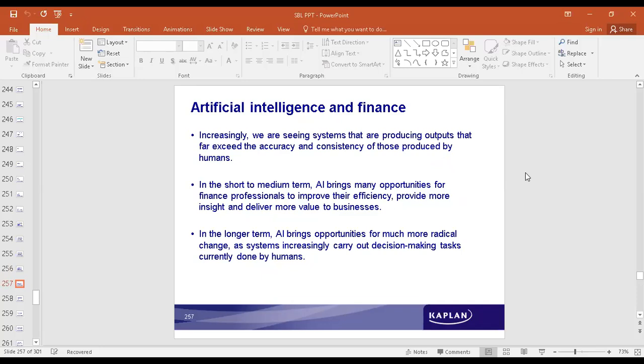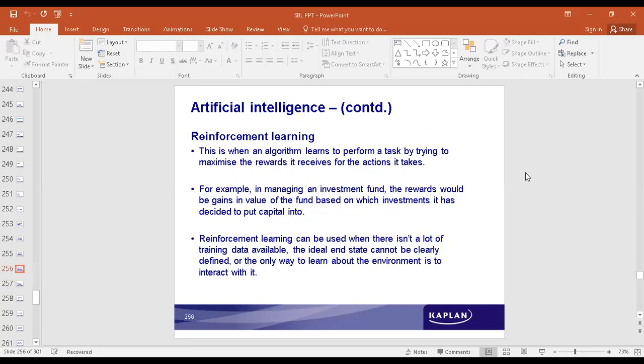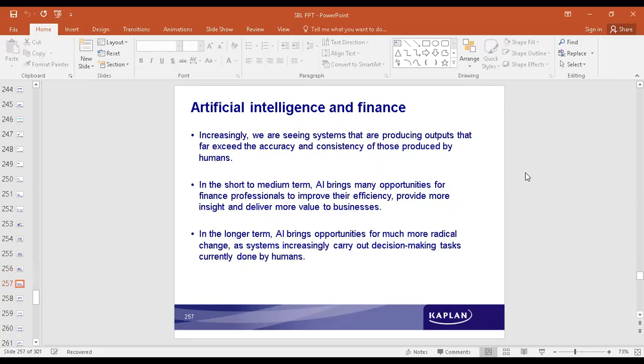But it is an effort made to simplify things, in the way in which machines are now able to react and take decisions like human beings. So that's the concept of artificial intelligence. Then we have artificial intelligence and finance.